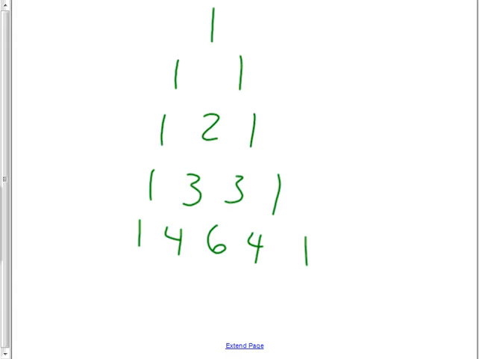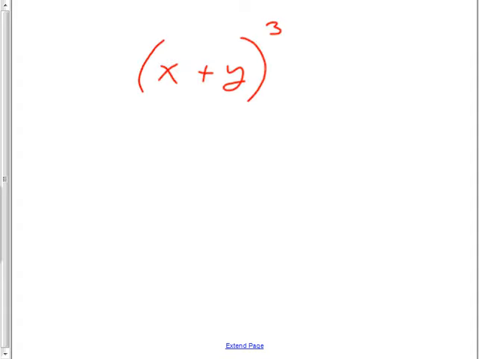Do you see where the 3 is in Pascal's triangle? 1, 3, 3, 1. There are 4 terms, and the lead coefficients on them are 1, 3, 3, and 1.